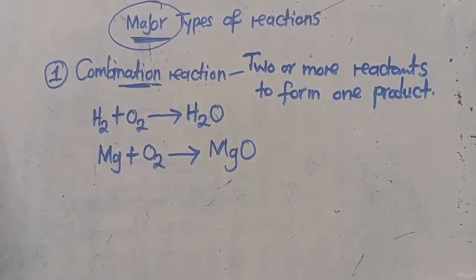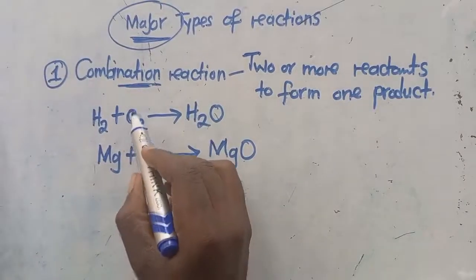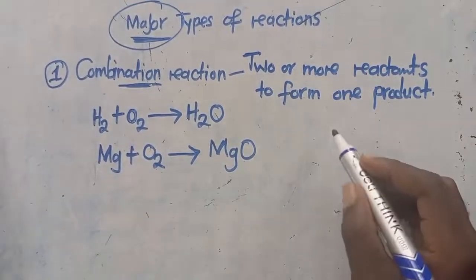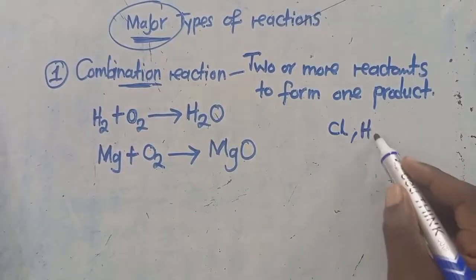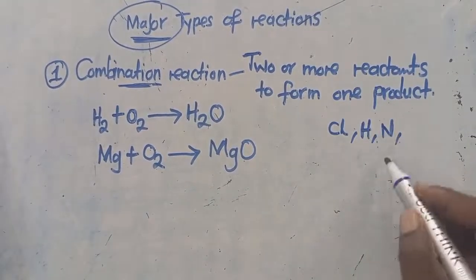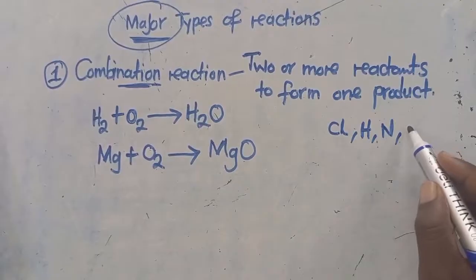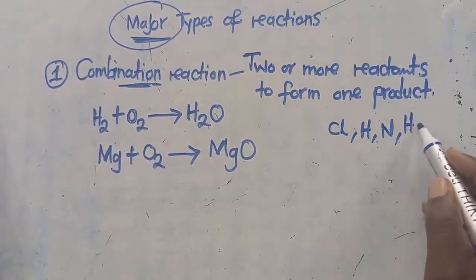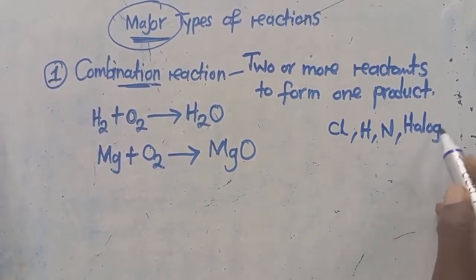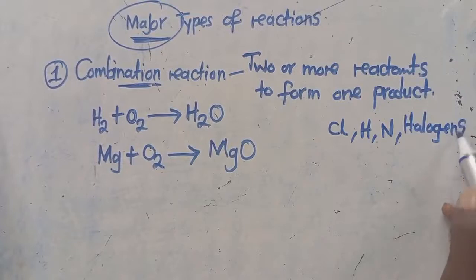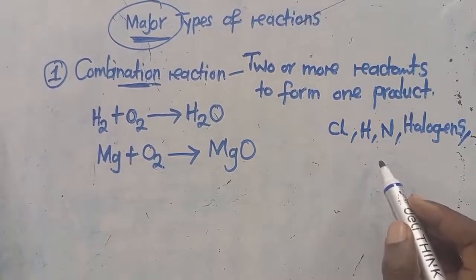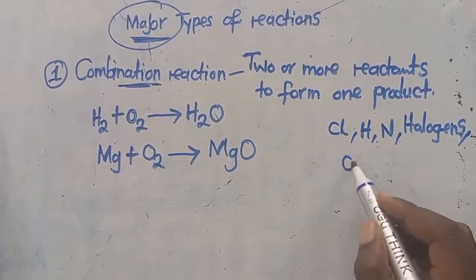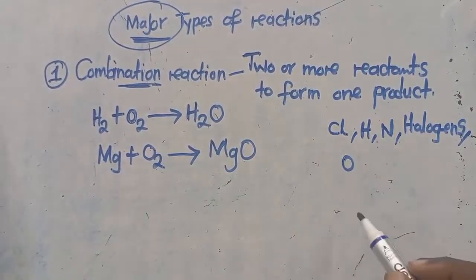No one should ask me the question of why oxygen is written like this. Elements like chlorine, hydrogen, nitrogen, and all group 7 elements, which are called halogens, and we have another one which is oxygen, just to list a few.